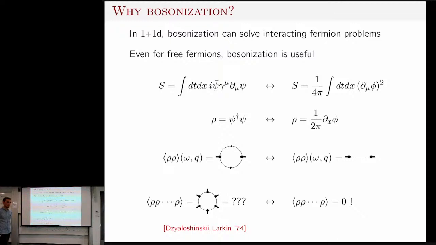No, maybe you're right. Maybe there is that argument. Yeah, I think that might be right. That might be a nice argument. Yeah. Good. But I guess it wasn't known in the 70s. Yeah, I think that might be true. I mean, you need Lorentz invariance, but here, yeah, okay, that's fine.